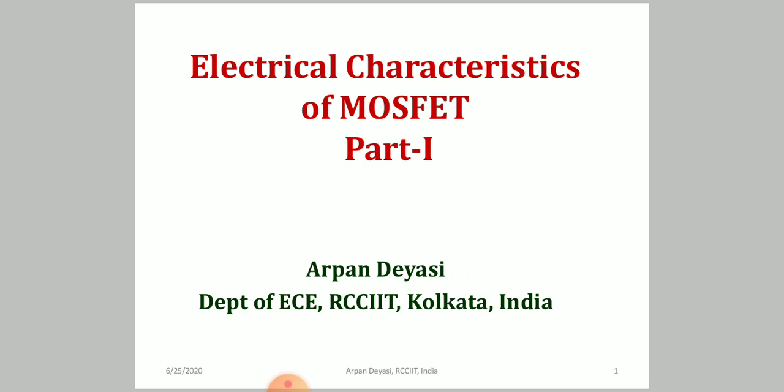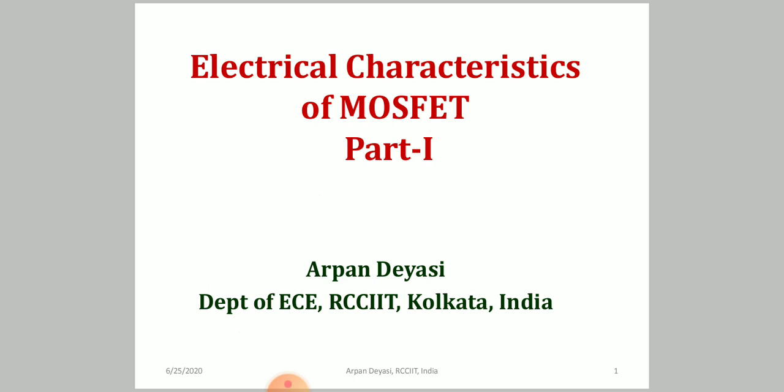As a recap, the first lecture is on the band diagram of the MOS capacitor, discussed in detail for the unbiased condition as well as various biasing conditions. Though I drew the band diagrams for a p-type substrate, I also discussed the variations for an n-type substrate.